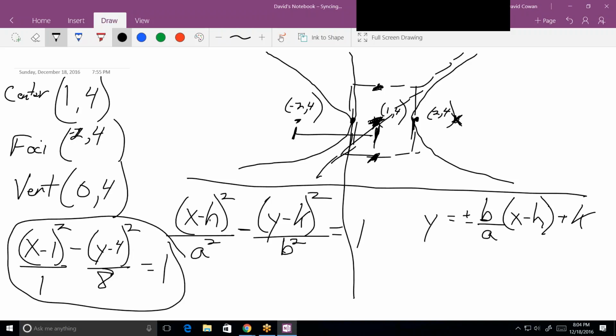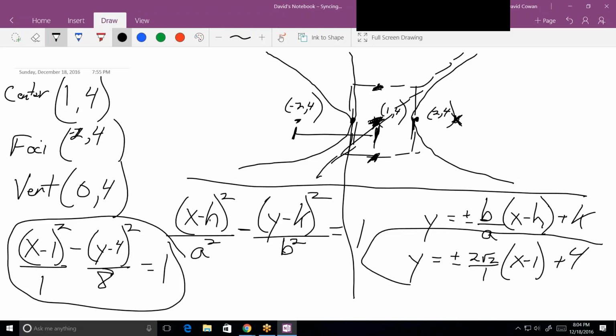In this case it's plus or minus 2 root 2 over 1, times x minus 1, plus 4. There's the equation of your two asymptotes.